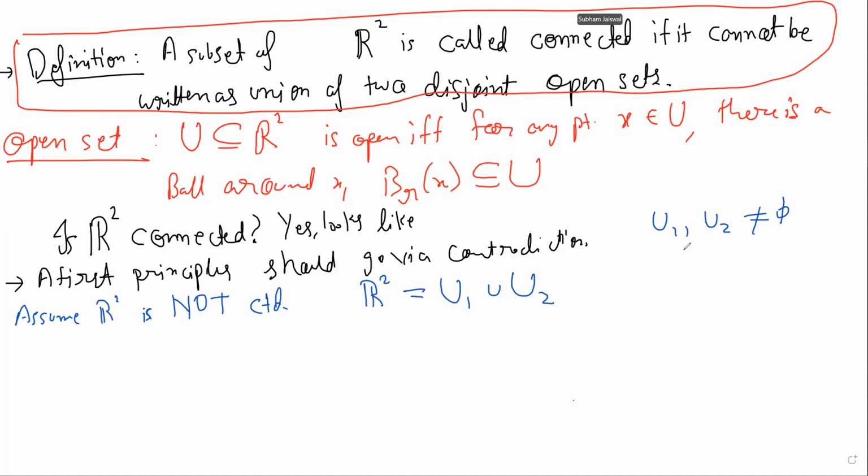And the other thing is that U1 intersection U2 is empty. This is obviously important, right? We want it to be disjoint. Otherwise, you can just write anything. And we want to show that this is a contradiction. We want to get a contradiction somehow.